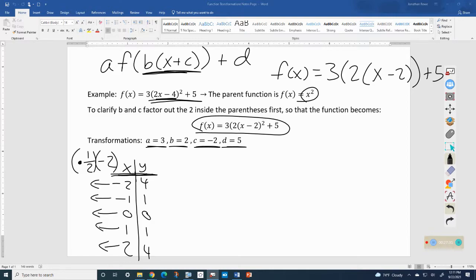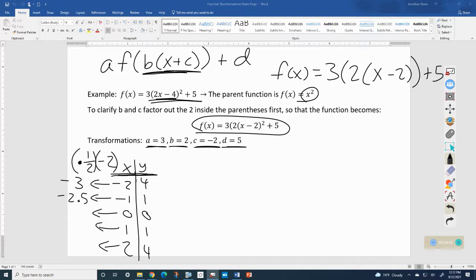So -2 times 1/2 is what? -2 times 1/2 is -1, and then -1 minus 2 is -3. And you can use your calculator to do this, -2 times 1/2 minus 2. Alright, so I'm just going to go quickly through this. -1 times 1/2 is -1/2. -1/2 minus 2 is -2.5.